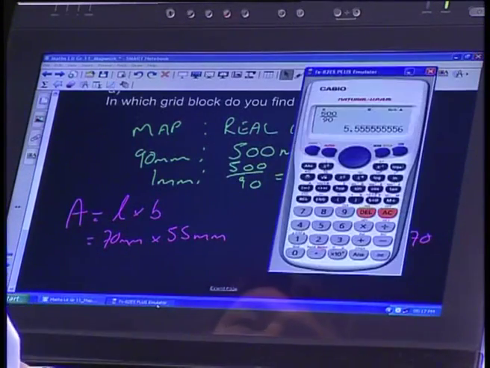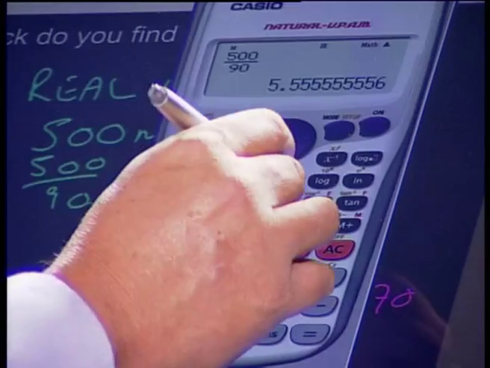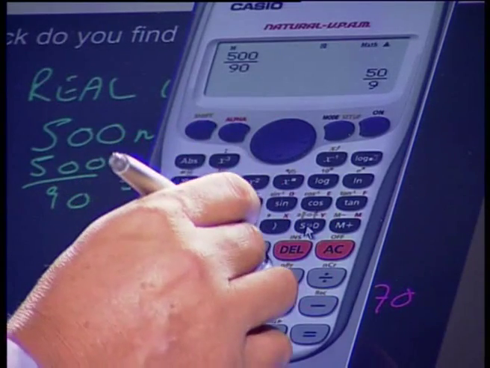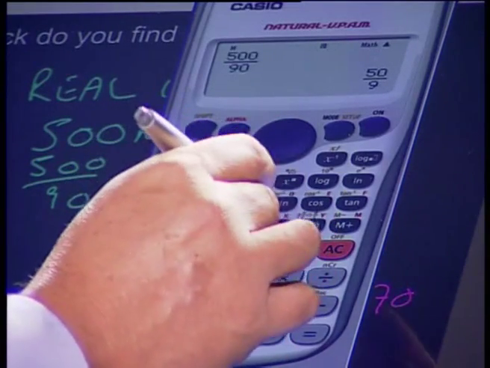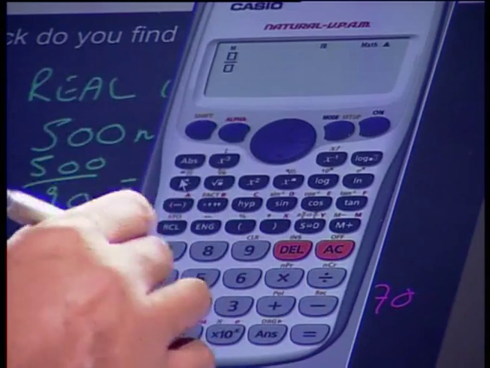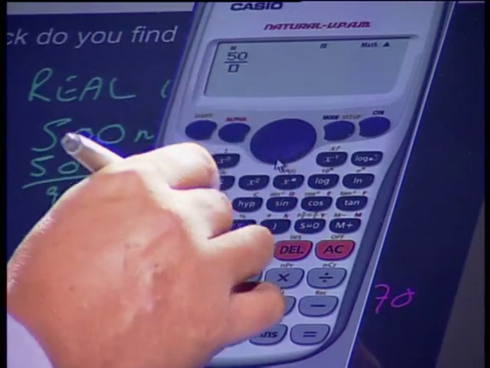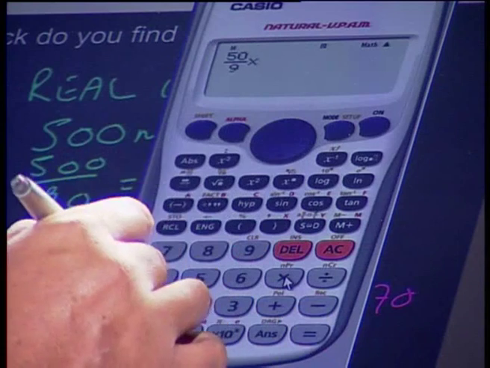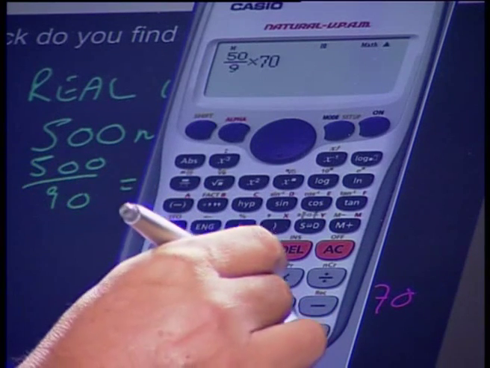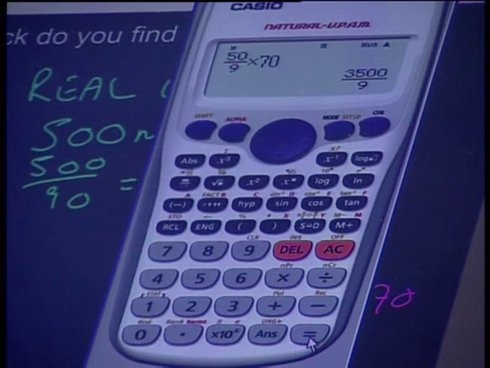So on my calculator, we've got 50/9, and I'm going to multiply it by 70 equals, and we get 3,500/9. I'm going to leave it as 3,500/9 because that's not my final answer yet. Once we got the final answer, then and only then will we round it.